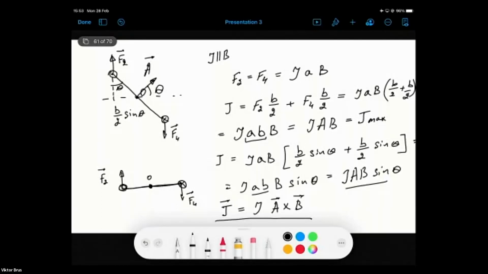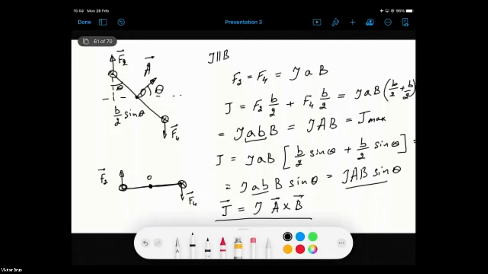In general form, in vector form, torque can be represented as the product of electric current with the vector product of the magnetic field vector and vector A, which has a magnitude of the area of the current loop, and its orientation is defined by the right-hand rule, which was shown on the image on the slide.